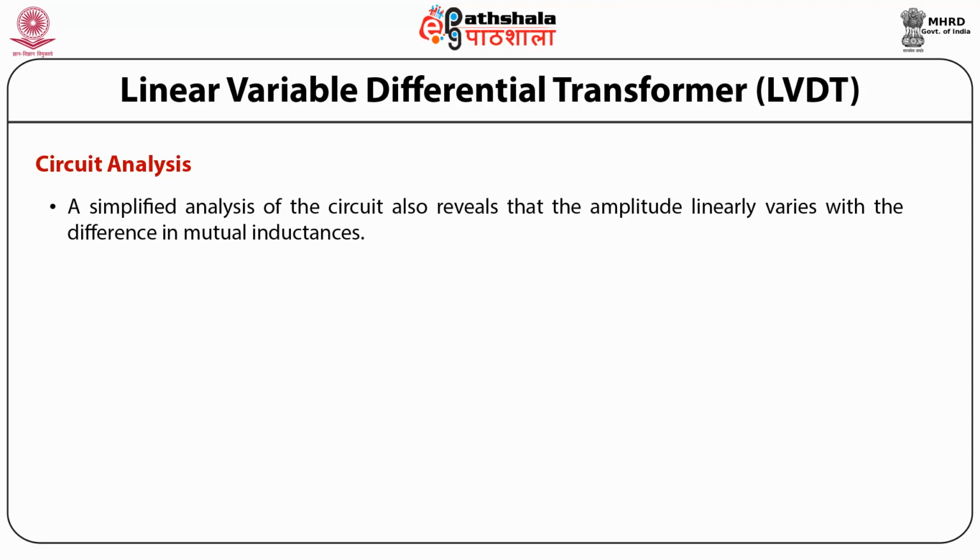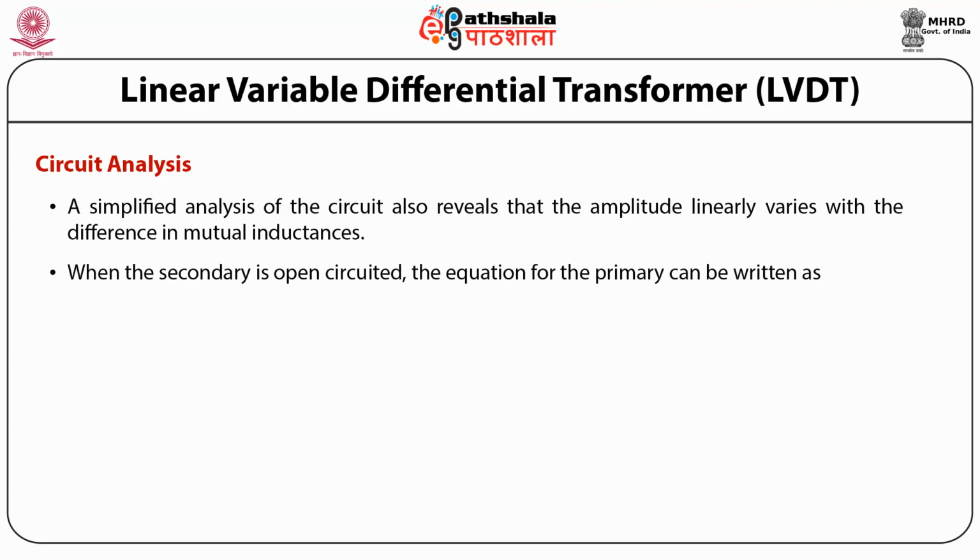A simple analysis of the circuit reveals that the amplitude varies linearly with the difference in mutual inductances. When the secondary is open circuited, the equation for the primary can be written as Ip Rp plus Lp dIp by dt equal to ei.